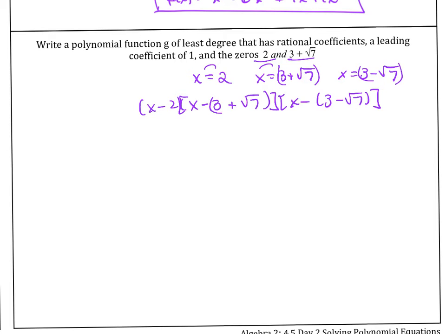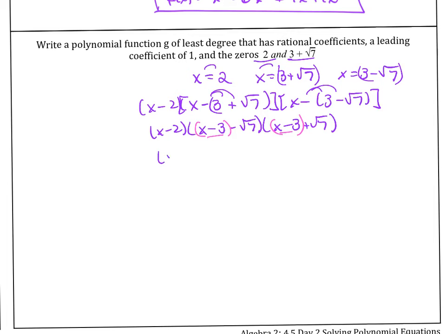And then let's simplify. So we need to regroup. Again, we're distributing this negative inside. So x minus 3 minus root 7. This is parentheses x minus 3 plus root 7. And then this x minus 3 and x minus 3, just group those together. So those are alike now.